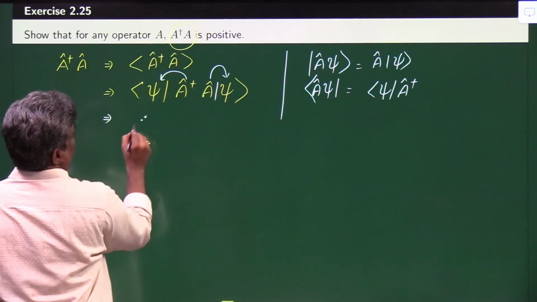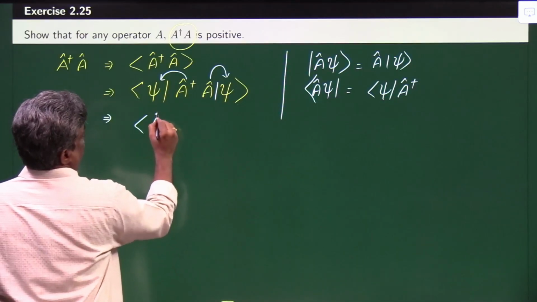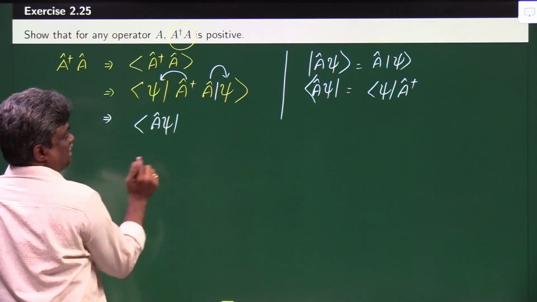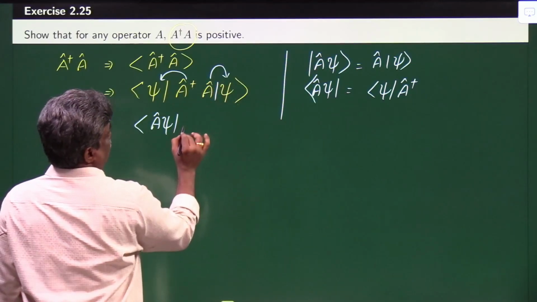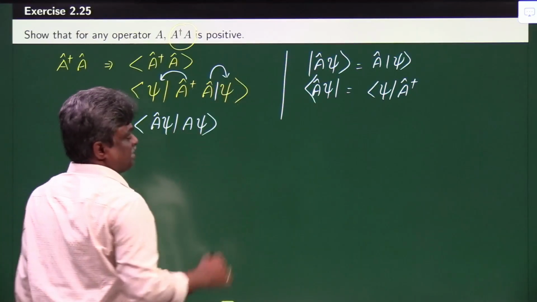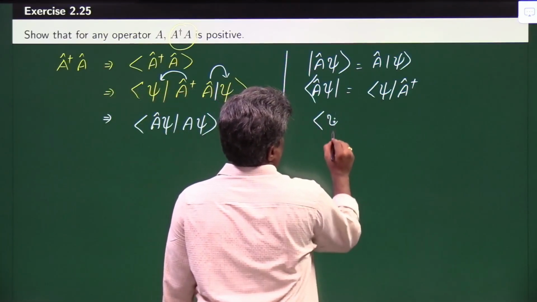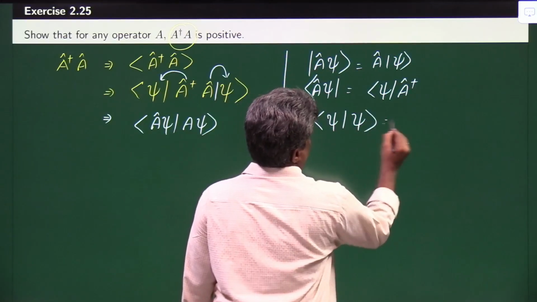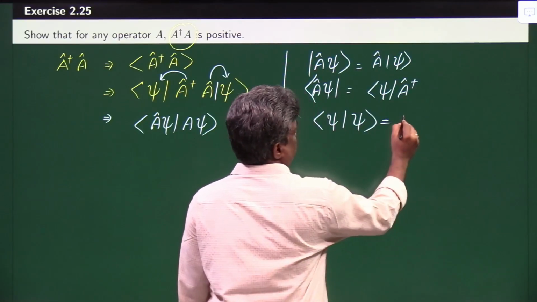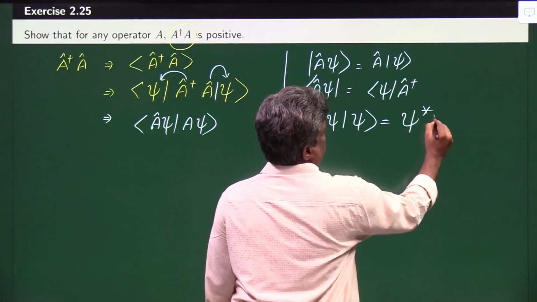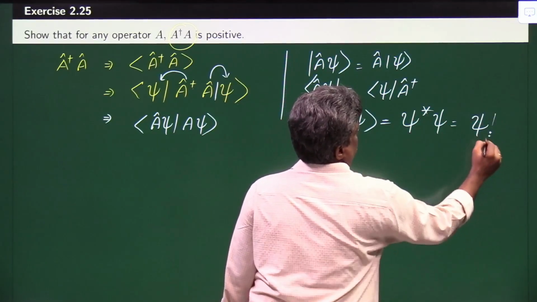So this means we can write this as A psi, which is a bra vector, and this is A psi, a ket vector. And you know one more thing, whenever you have a bra and a ket, if both are the same, we can write this simply as psi star psi, which is mod psi square.